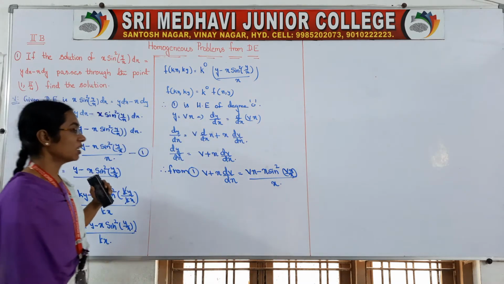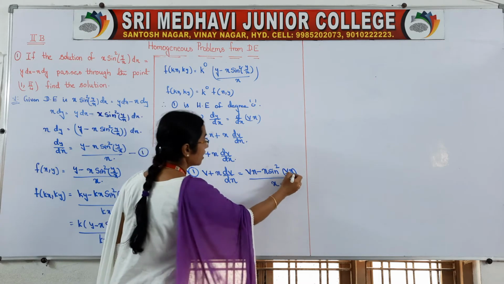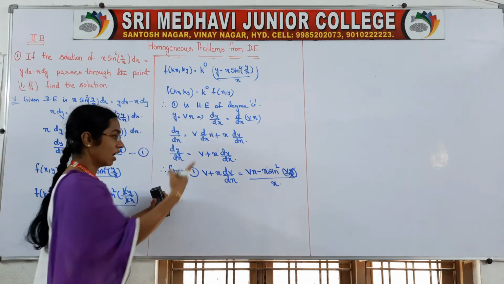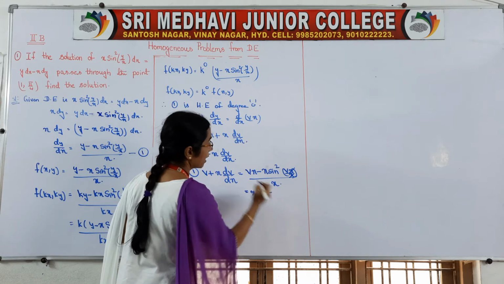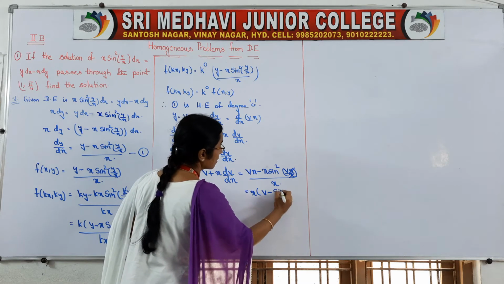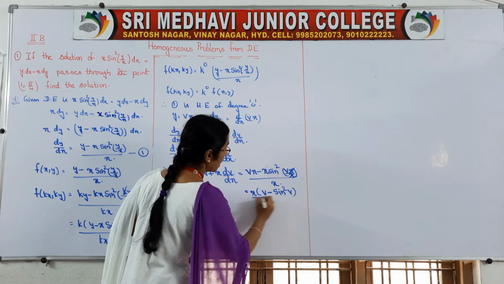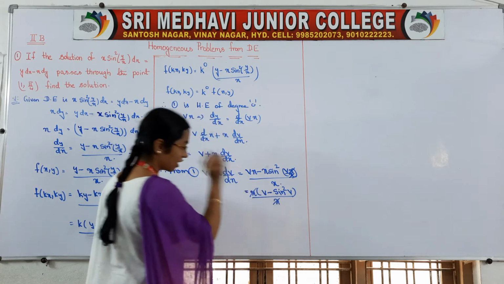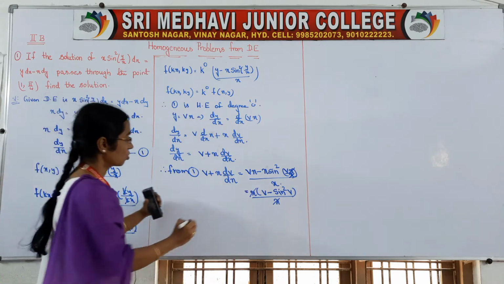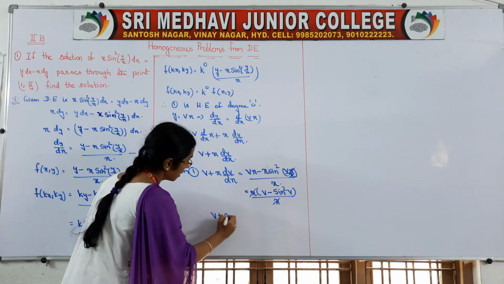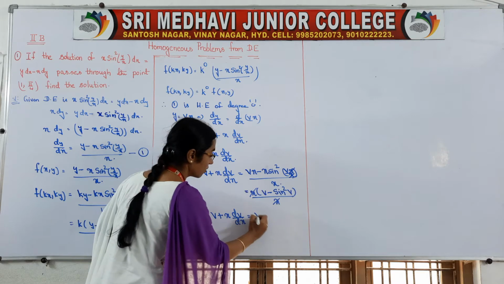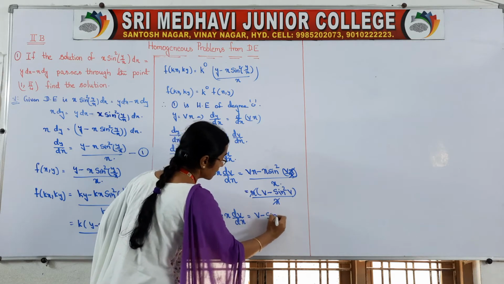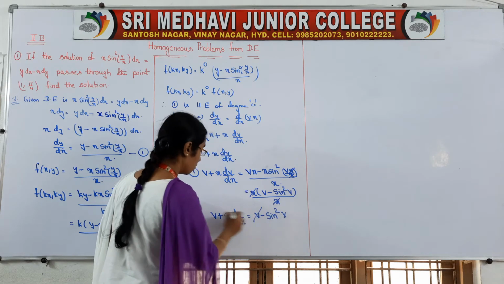Okay, so here x cancels, and upwards we can take x common, then it will be v minus sine square v by x. X also cancels. So you are having v plus x dv by dx is equal to v minus sine square v.